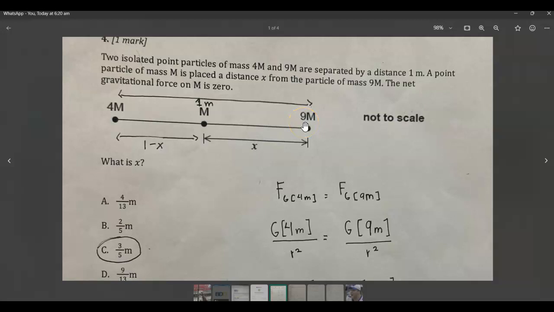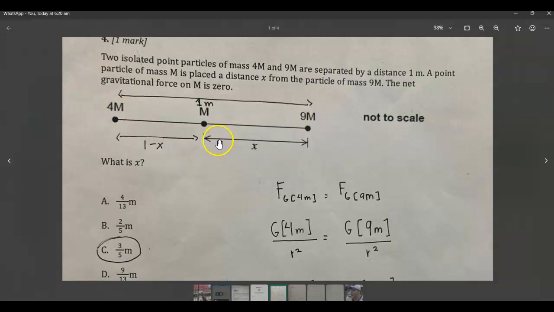Now, the net gravitational force on this point is 0, or in other words, at this point, 4m and 9m will have the same gravitational force. Because when we say it's 0, this means these two bodies are in equilibrium, so they are experiencing equal forces.